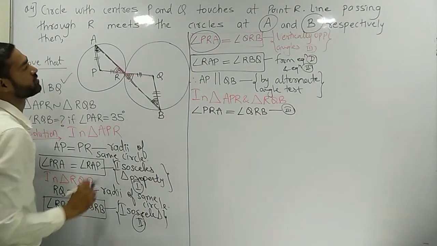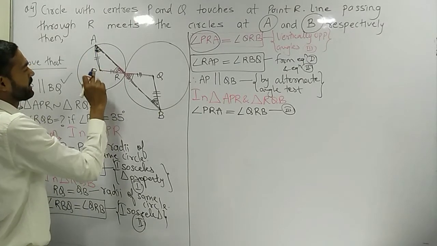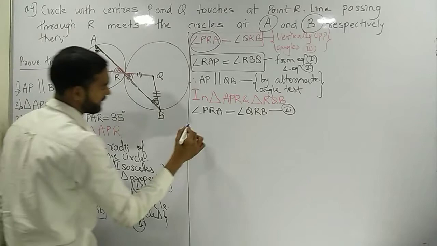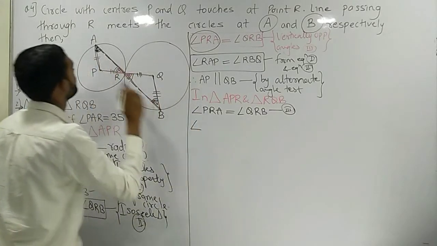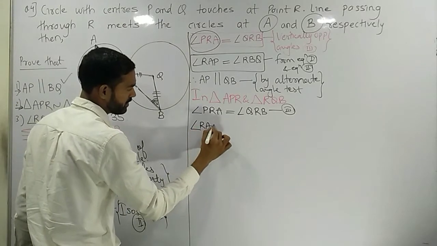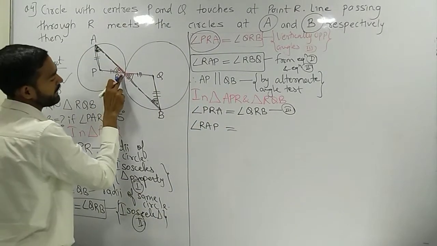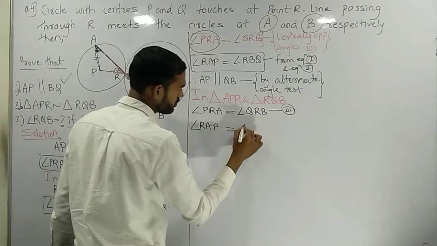Now next, what do we know? This angle PAR, this upper angle, or RAP, you can write any one. This angle RAP is equal to angle RBQ.